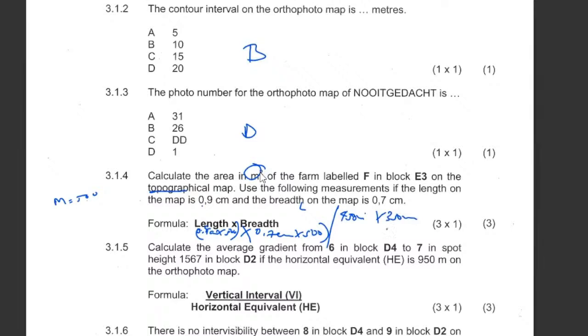Meters times meters, you get meters squared. 450 times 350, you get 157,500 meters squared. Okay.